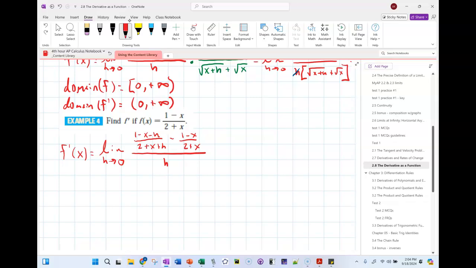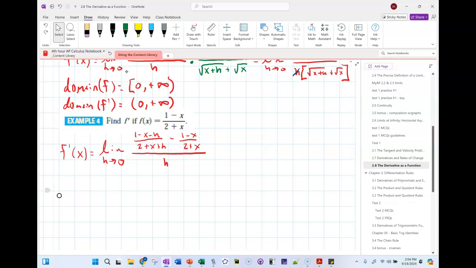What next? How am I going to simplify this thing? Somehow I've got to cancel that h out of the denominator at the very bottom. One way you could do this is, you see the two fractions in the numerator? You could make a common denominator and combine like terms and then multiply by the reciprocal to make it all into one fraction.